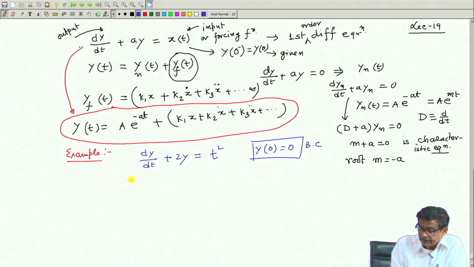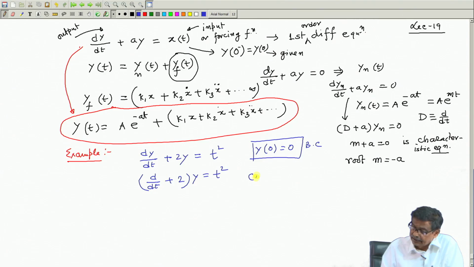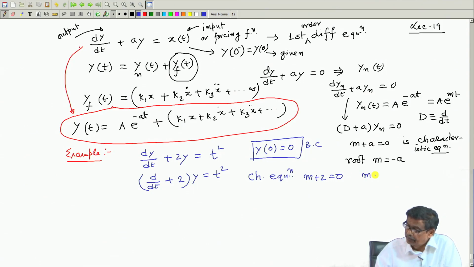So, the steps will be like this: d/dt you replace by m. So, this equation is (D plus 2) y is equal to t square. Now, I will say that the characteristic equation will be m plus 2 is equal to 0. So, the root is m equal to minus 2, that is what you get.